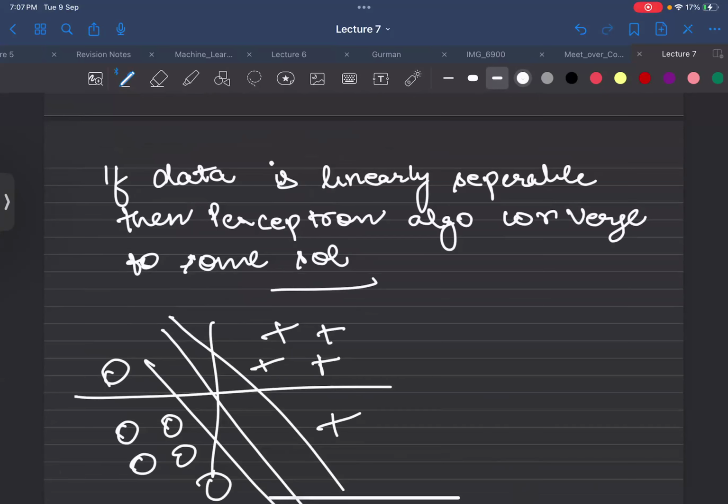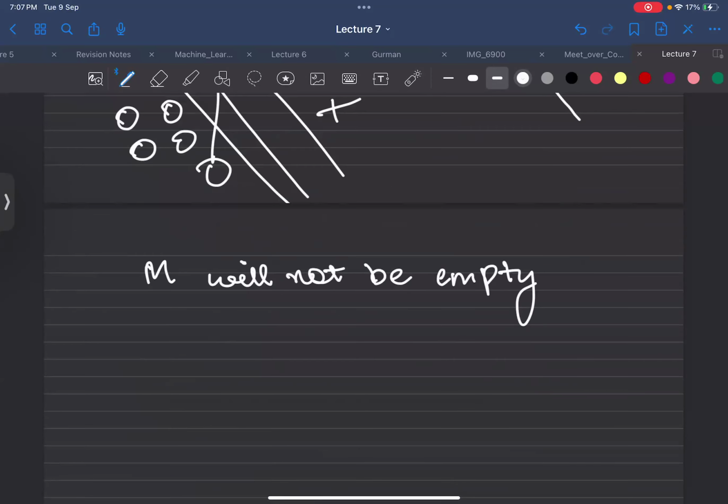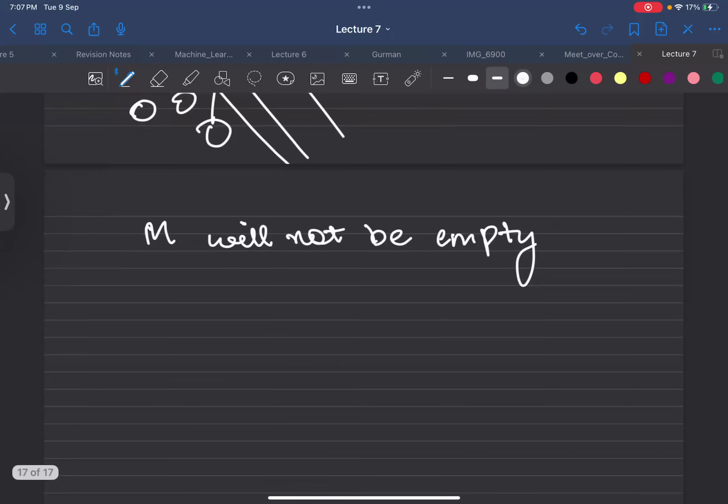Every time I go downhill, I'm trying to eliminate the misclassified points by drawing the hyperplane close to them, so that at last the misclassification is negligible. If the data is linearly separable, it will become separable. If it is not linearly separable, it may enter a loop and M will not be empty. Fine. Is perceptron learning fine to you guys?